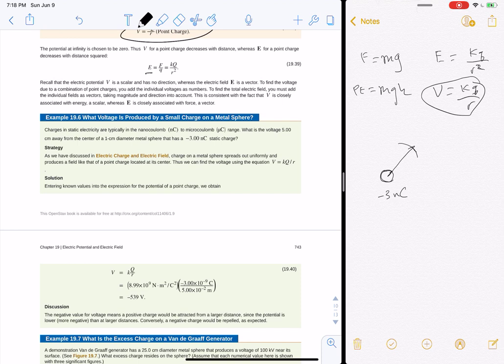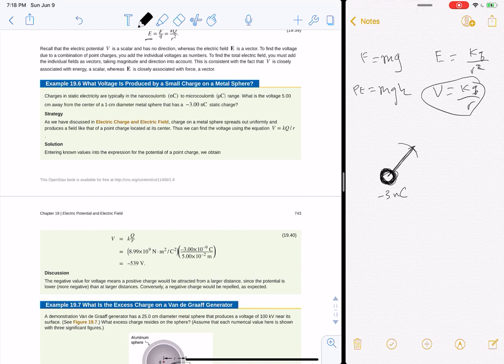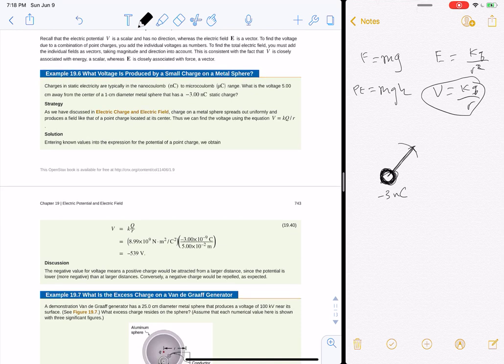Okay, so if you remember from a couple videos ago, if you've got a uniform charged sphere, you can treat the charge as being on the surface. So the separation then is going to be 4 centimeters away, but we can also treat it, this side and that side are going to cancel out.